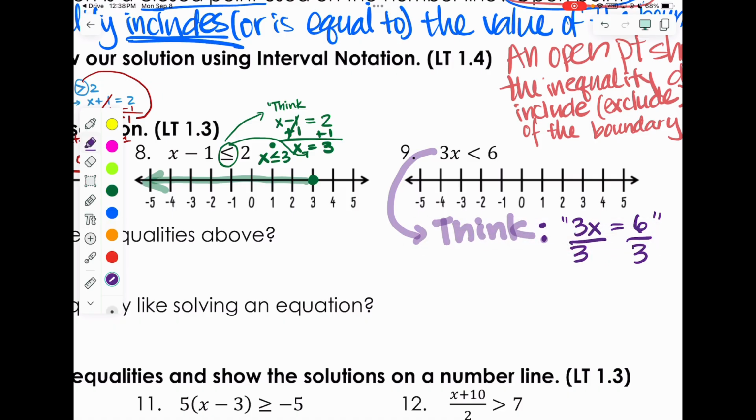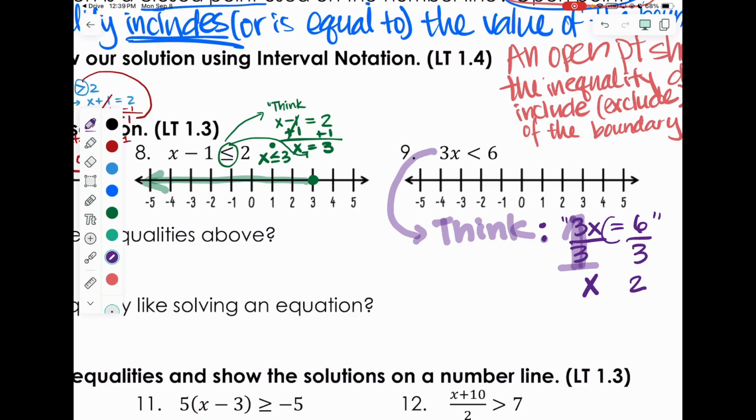I always taught it this way: if you can make a giant 1, they simplify to 1. 3 over 3 makes a giant 1, so you could just write 1. In this case, we don't need to write a 1, we just write x, and we already know what that means. It means 1x. 6 divided by 3 is 2.